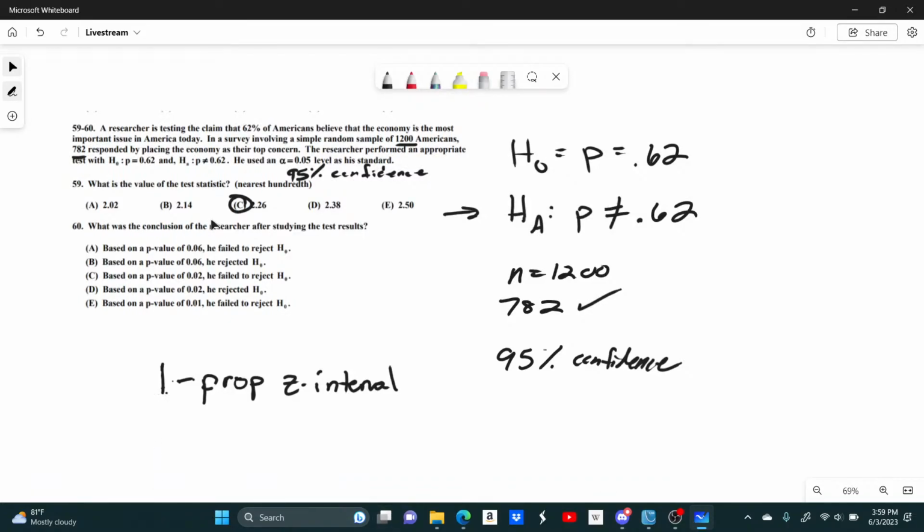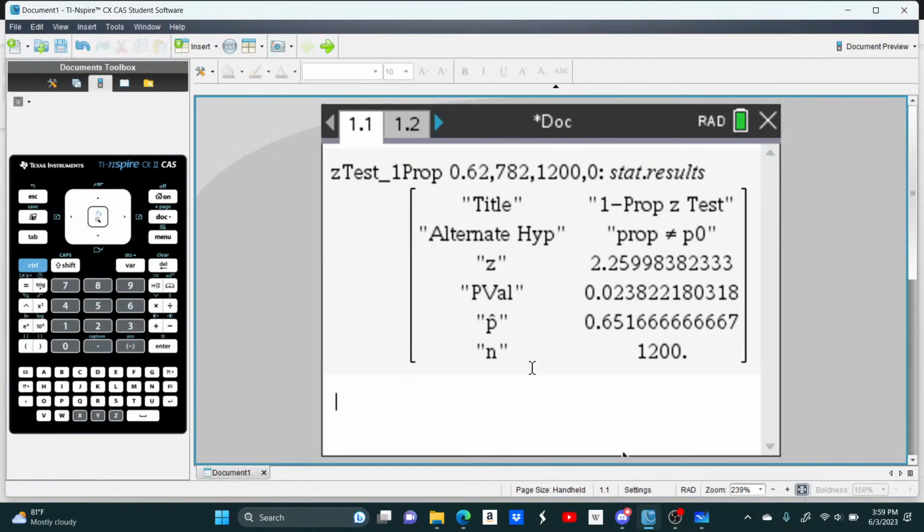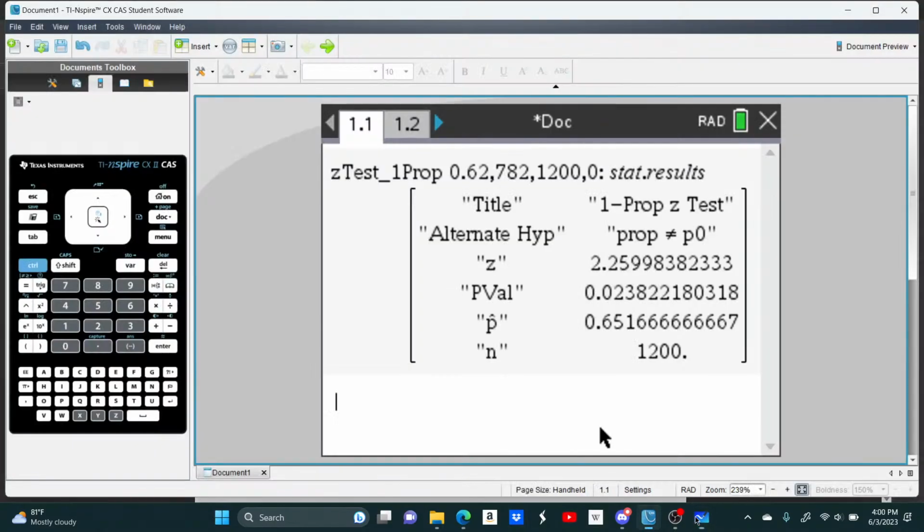And it says, what was the conclusion of the researcher after studying the test results? All right, so we're either rejecting or failing to reject based on a certain p-value. So what was the p-value we got? So we got a p-value of 0.02. Okay, so like what is this rounding to? Oh yeah, to the hundredths.